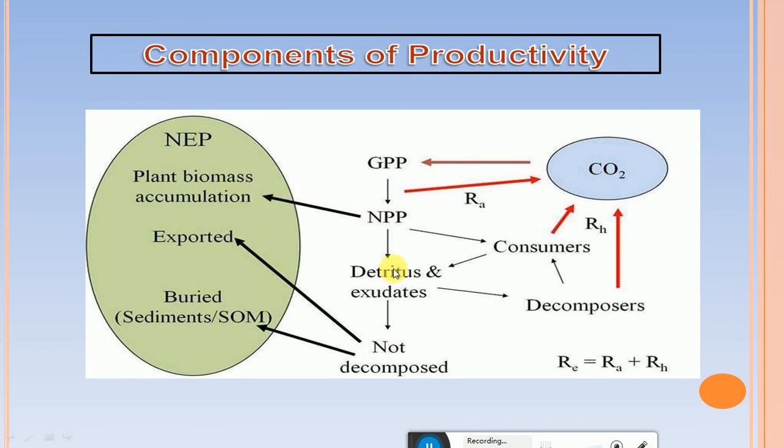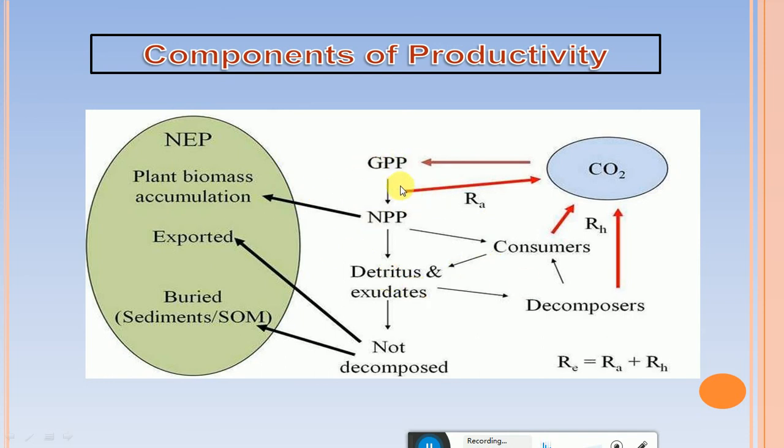Then after the consumers, we give the end products, the detritus and exudates, and some will not be decomposed and some of it will be decomposed. The decomposers will degrade the organic matter into simpler end products and convert it into carbon dioxide and water. So this gives the relationship between the producers, consumers and decomposers.